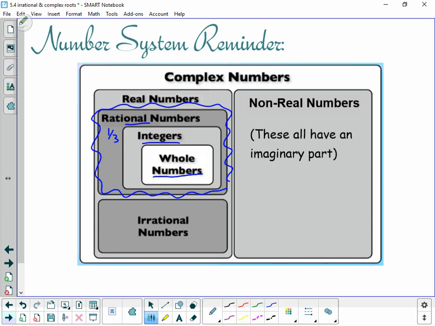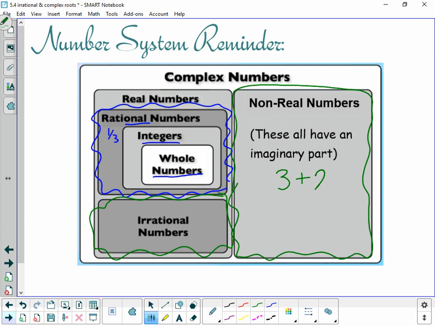Today, we're going to be focusing on polynomials that have roots in the irrational number section and in the non-real number section. The non-real numbers, in case you're forgetting what those are, are numbers that have an imaginary part, like 3 plus 2i. They're ones that have i's in them. Irrational numbers are numbers that can't be written as decimals. In most cases today, we'll see irrational numbers as square roots and things of that nature.